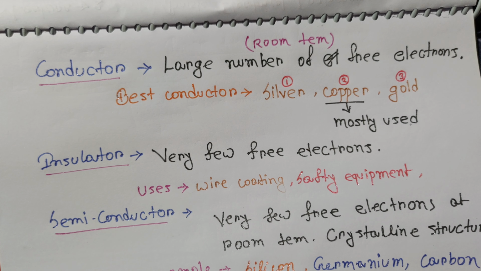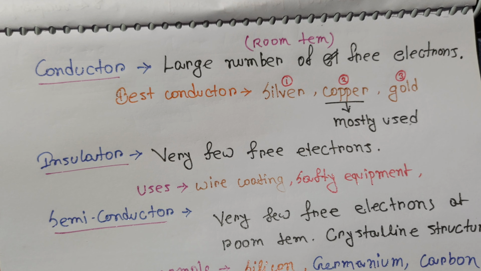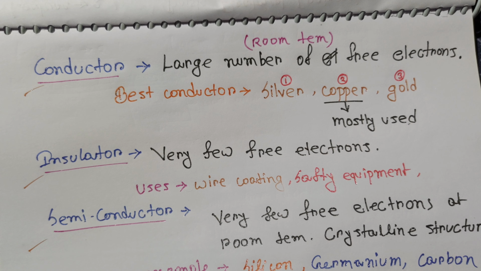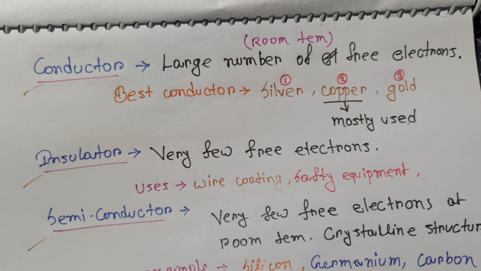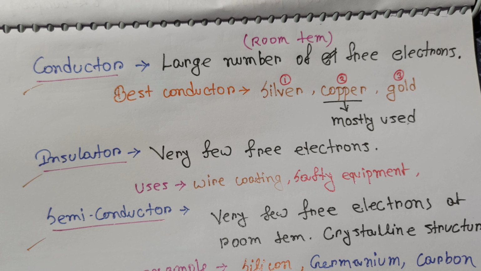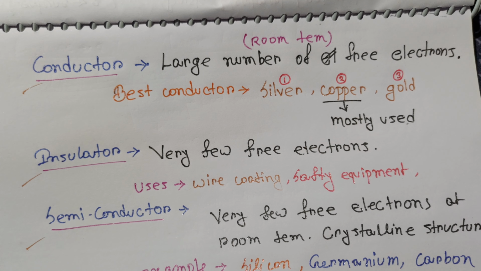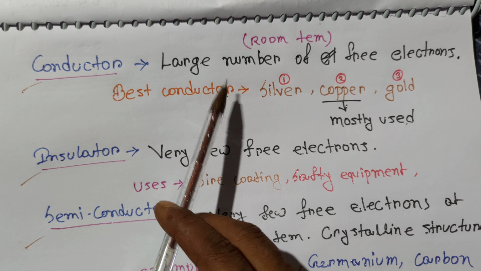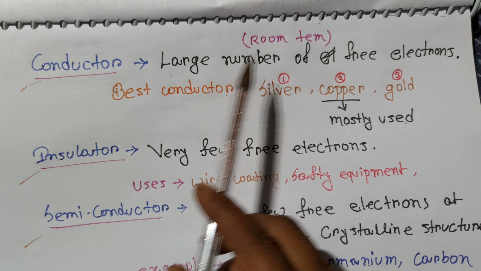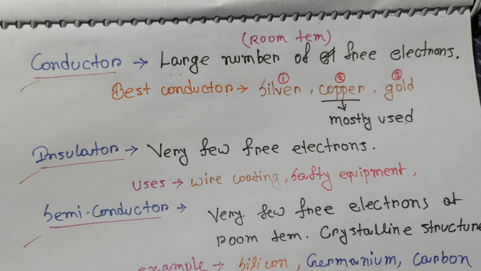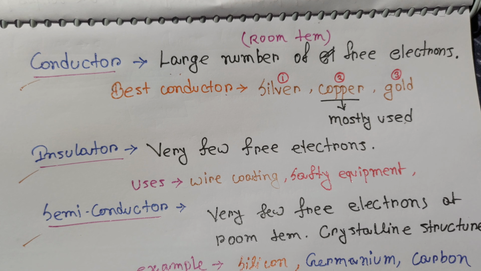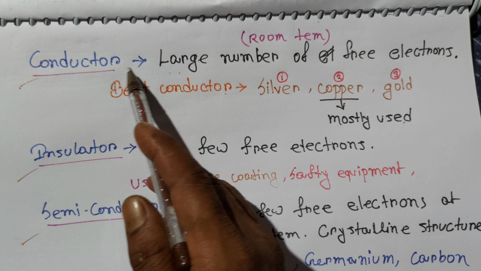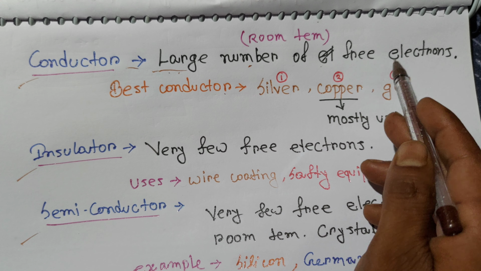In the last video we identified conductor, insulator and semiconductor with the number of valence electrons. Here we will do the same thing with free electrons. Suppose any particle has so many atoms in it, with a large number of free electrons.